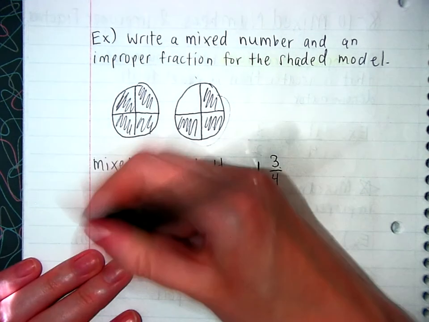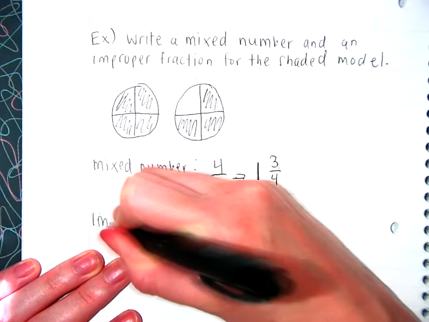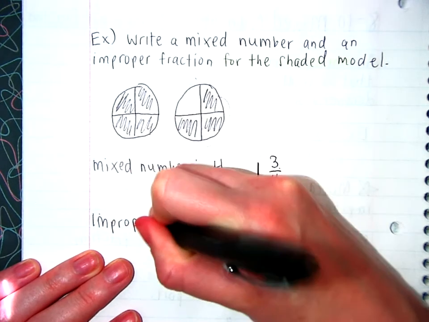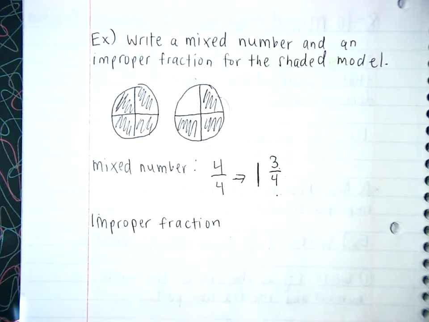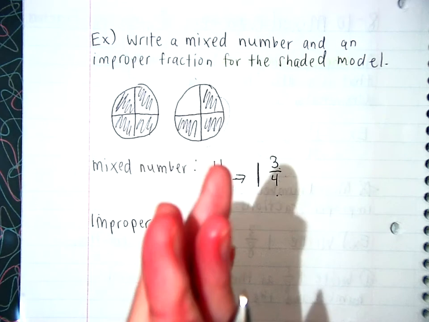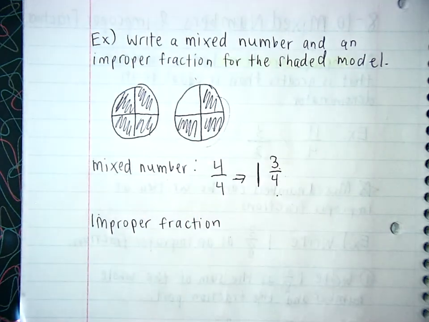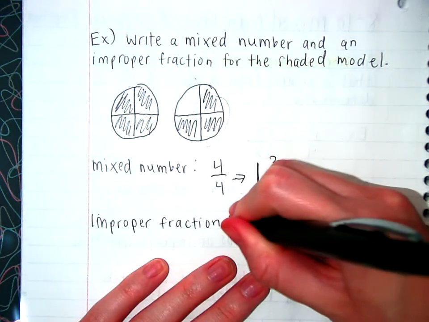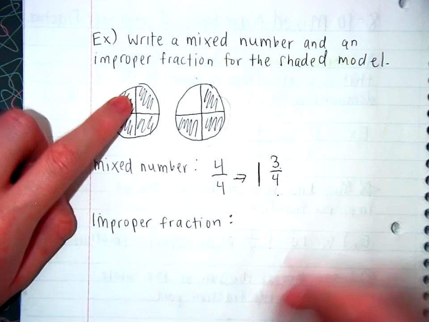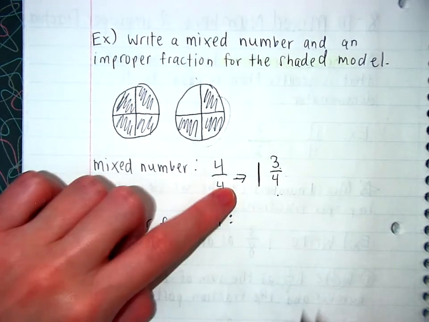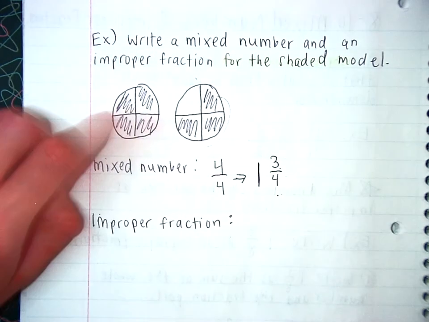Now I'm going to do the improper fraction for this. So the improper fraction doesn't have a whole number part and a fraction part. The improper fraction is the entire fraction, so it only has the numerator and the denominator. So instead of it being the 1 whole, we keep it as the fraction that it is.